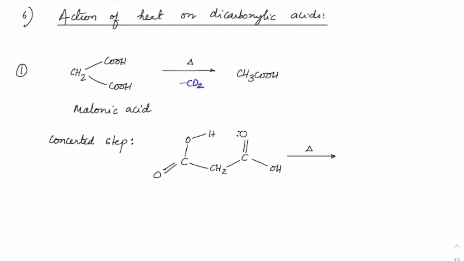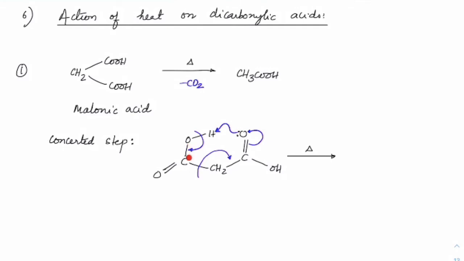This would happen in a single concerted step, where you will see the lone pair on this oxygen attack this hydrogen and make a bond there. The oxygen will break a bond to get a double bond formation, and from here this bond breaks and becomes a double bond on the other side. This bond will anyway break to make the lone pair on the oxygen. So this will become a single bond with OH.